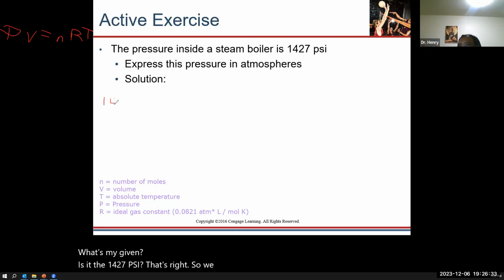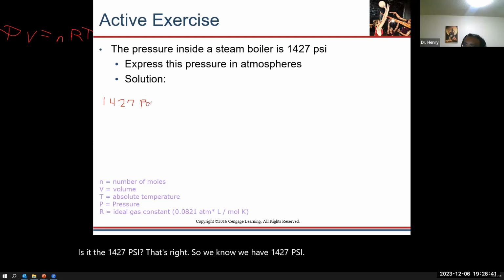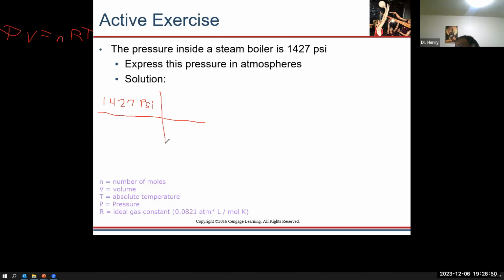So we know we have 1427 psi. And then how many psi is equal to an atmosphere?